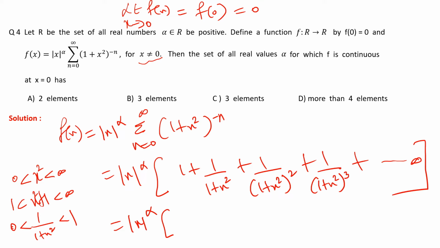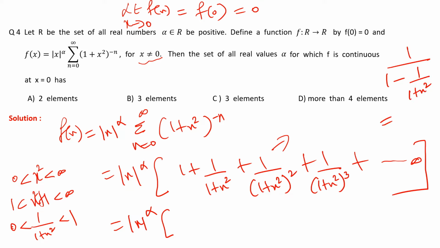Why I'm doing this? Because the common ratio of this particular geometric progression lies between 0 and 1. So this means I can find its sum, and the sum is given by the formula a upon 1 minus r, we know. So this is going to be 1 upon 1 minus 1 upon 1 plus x square.